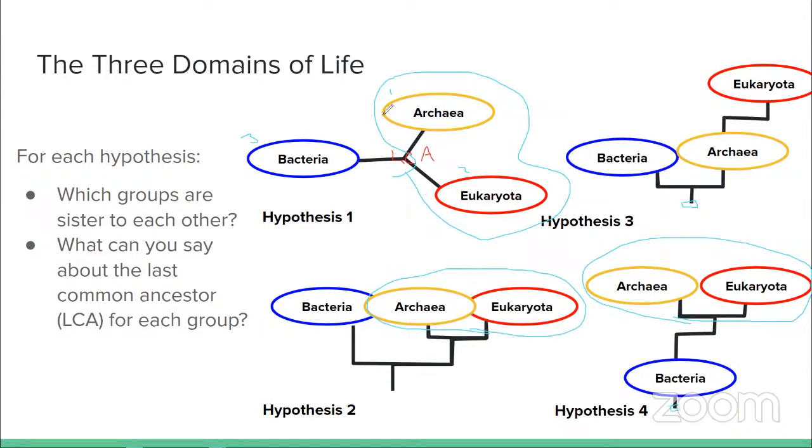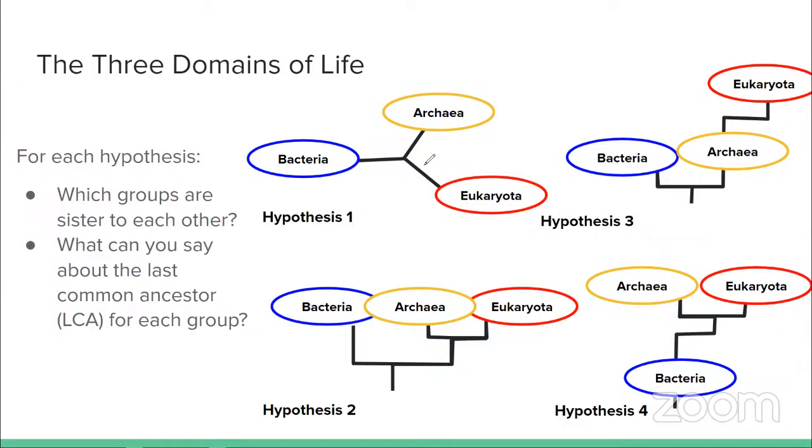So where can we see a hypothesis that makes a different statement about the last common ancestor? How about hypothesis 4? What do we see in hypothesis 4? If you had to think about the last common ancestor of the 3 groups, what would you say about it if you're looking at hypothesis 4?